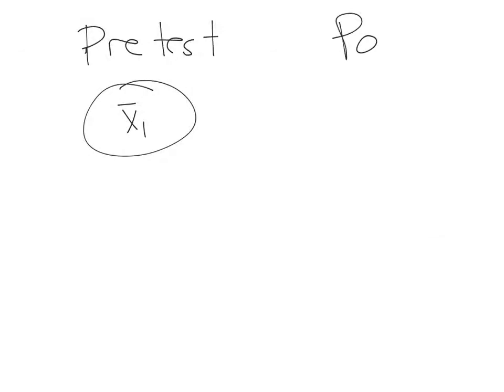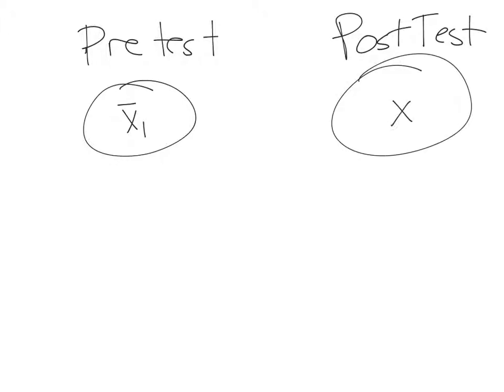And then I give you all a post-test, and you get a mean score for this test. So I want to know, did you guys do better? Did it improve? Did you learn something between the pre and post test? So I can't just do a 2 sample test on this because these aren't random samples. The same people took both tests.